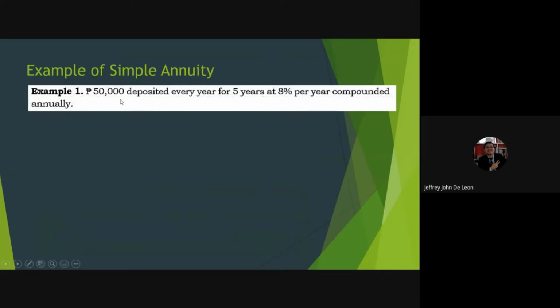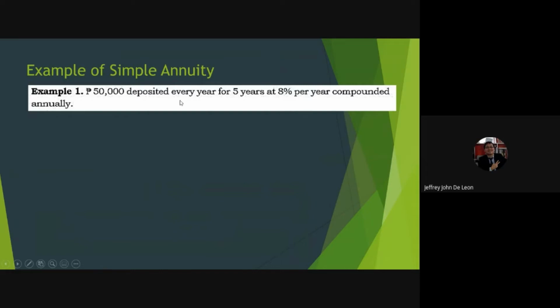The payment interval here is every year, and the interest period is compounded annually. Since they are equal, this is a simple annuity.